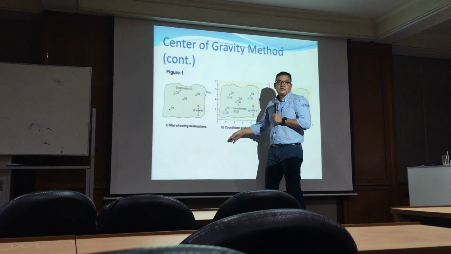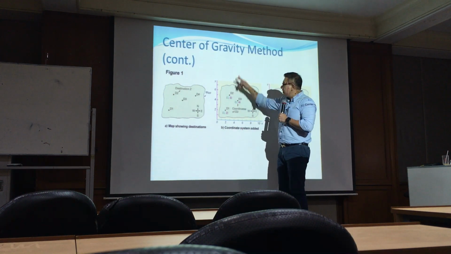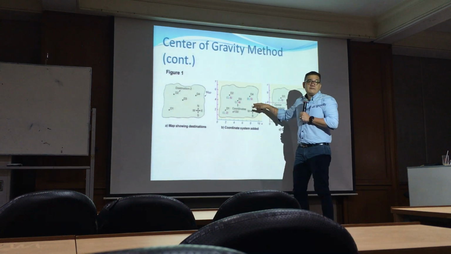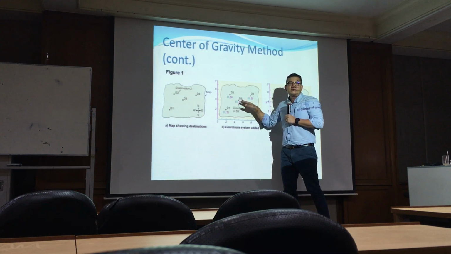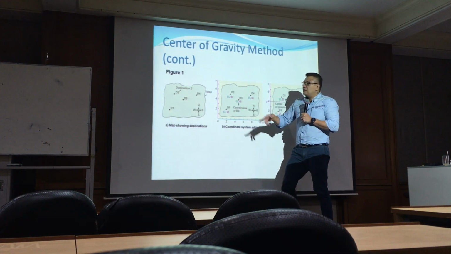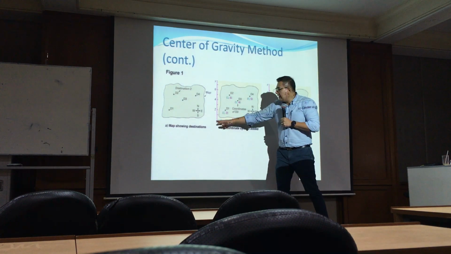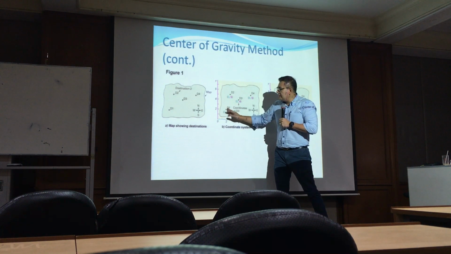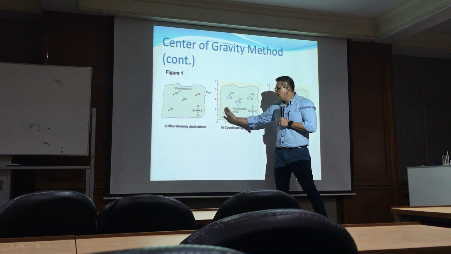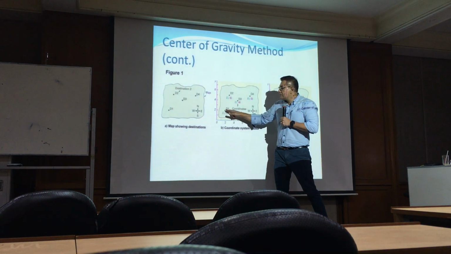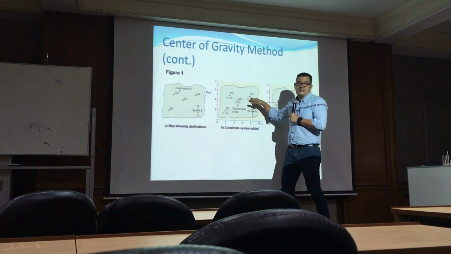This depends on you. If you don't want this one, you can have this one, that's fine. But the coordinates are going to be negative, so it doesn't make sense. So normally we have the bottom left as the origin, and then you project the distance, right? The X distance horizontally and the Y distance vertically to specify the coordinates for each destination.